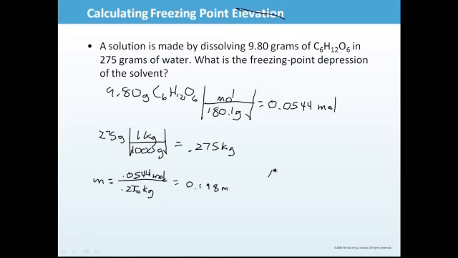All right, so now we're looking for delta TF. Okay, the KF, all right, is our constant, 1.86 degrees Celsius per molal, and we multiply that by the 0.198 molal.